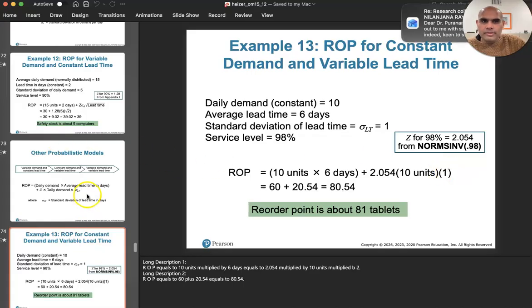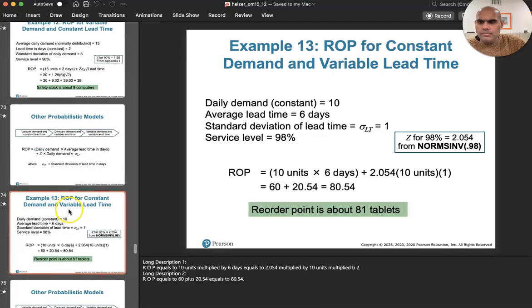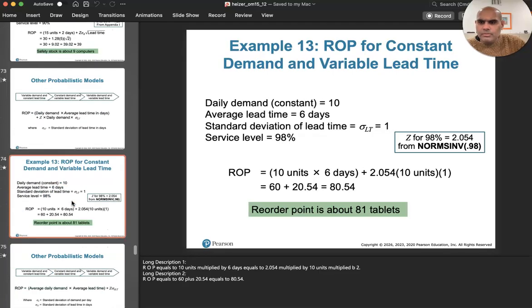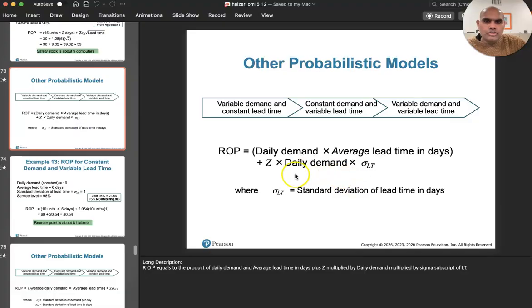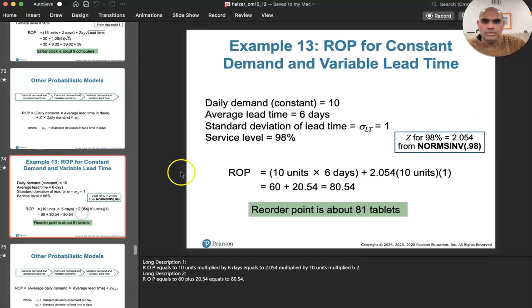So that's the formula right there. So the safety stock formula is z times daily demand times the standard deviation. That's what you do. Z times daily demand times standard deviation.